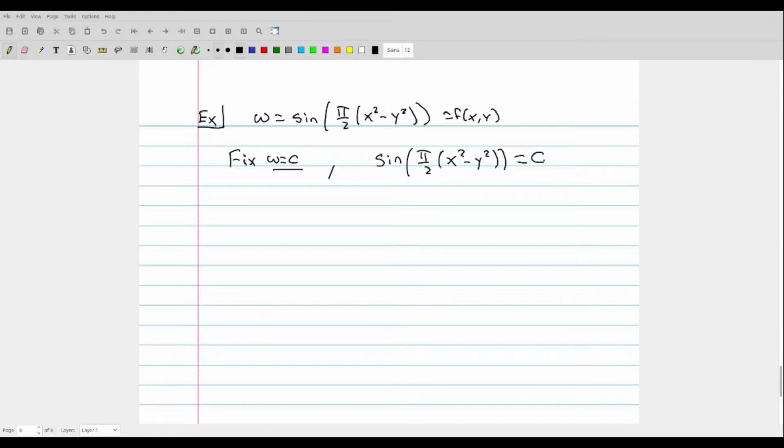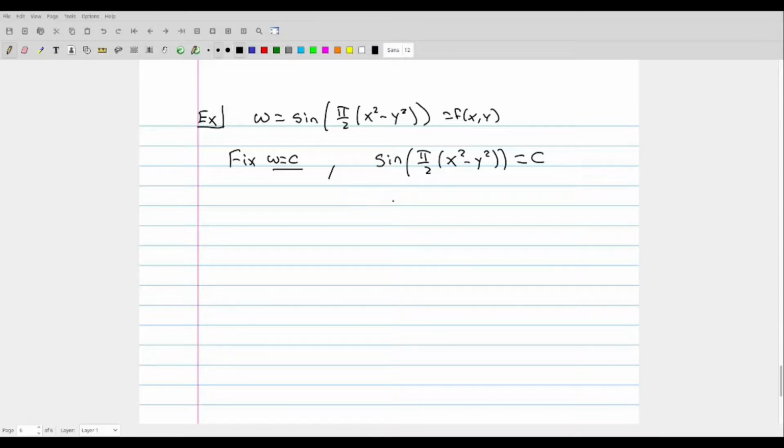is fixed at some c value. Then we can solve for x squared minus y squared here. Think of the shape of these level curves.